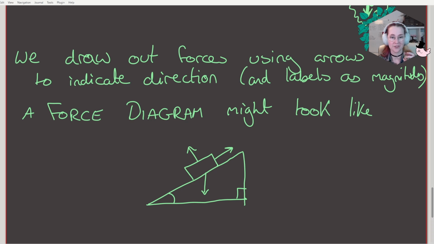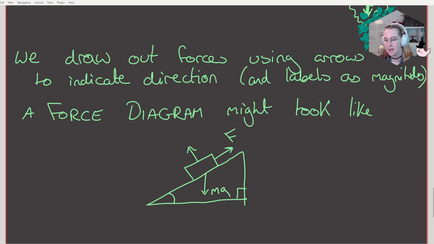So here we have a box on a rough surface on an inclined plane. There's some angle of incline to the horizontal. We've got friction moving away from the direction of motion. If there's no impetus upwards, probably gravity is going to be pulling it downwards.